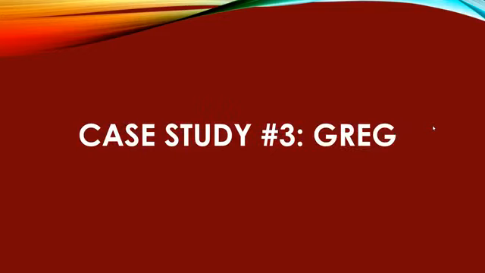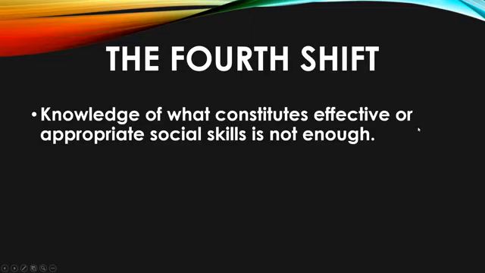Let me move on to the fourth shift so that we can keep moving here. So we're already at 3:30. So the fourth shift is just knowledge of what constitutes effective or appropriate social skills is not enough. And this just builds on the last one, we want to also think about what is a functional equivalent for that particular student.